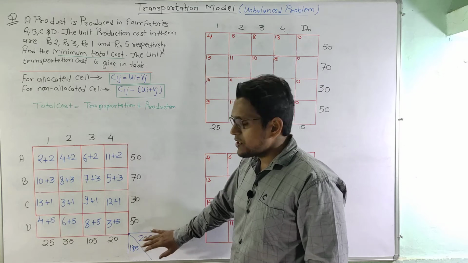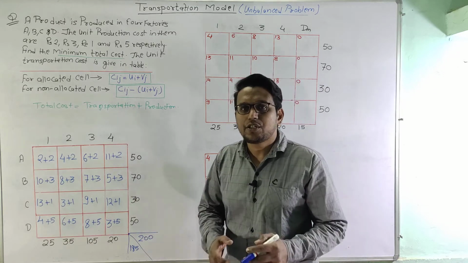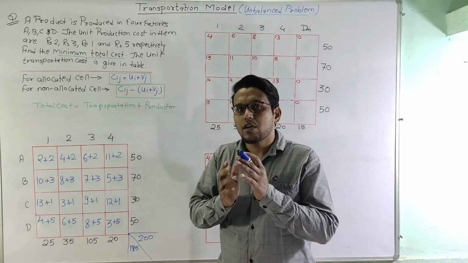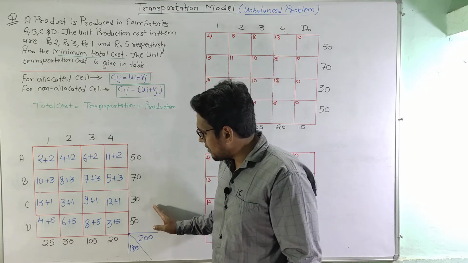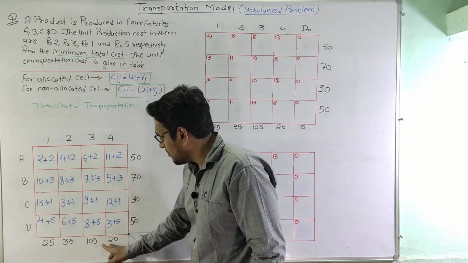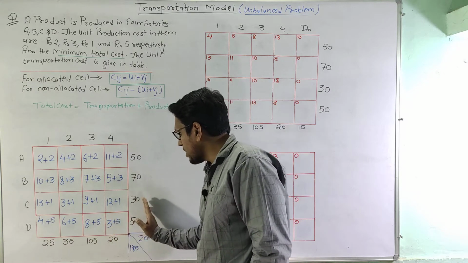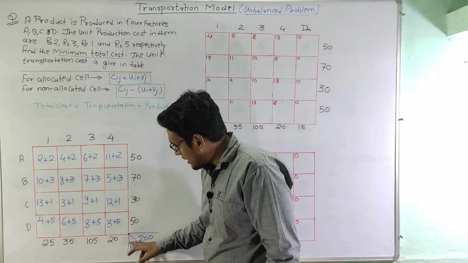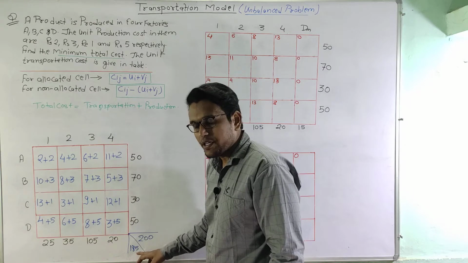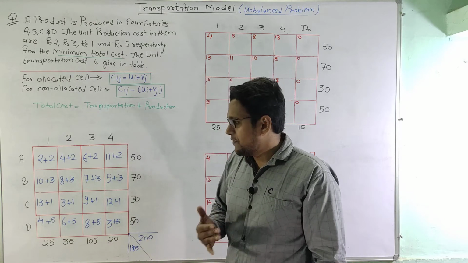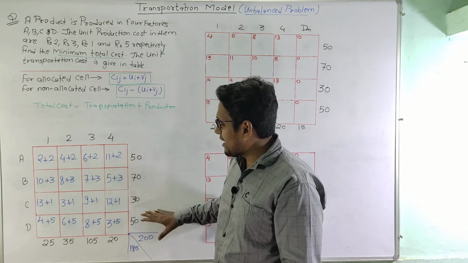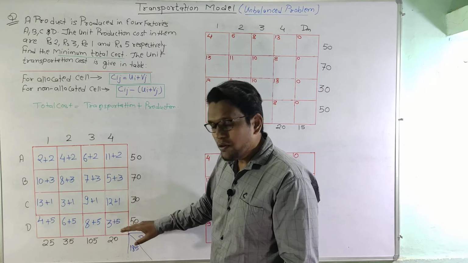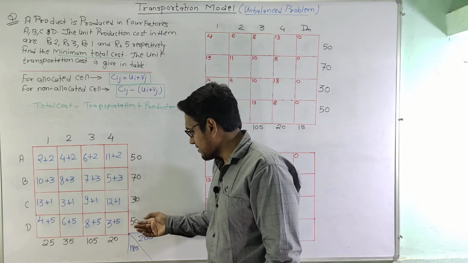So in this case what we will do is introduce a dummy column, because whenever we are deficient in demand we will add another column with demand as 15, so that this will become 200. Similarly, if our supply is less, then we will add a dummy row and do the same there.